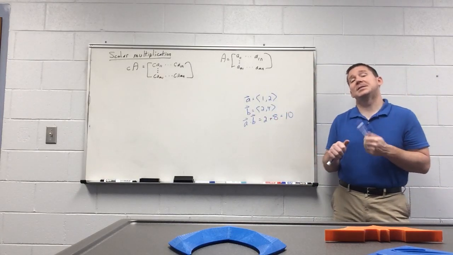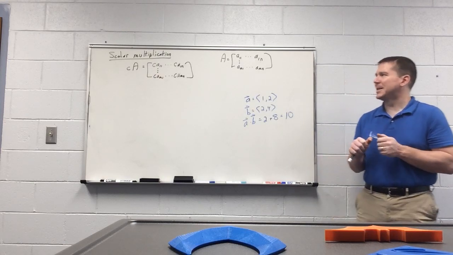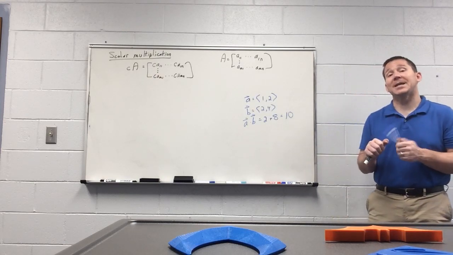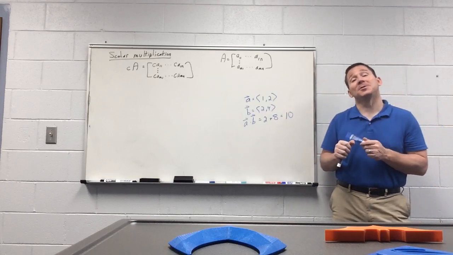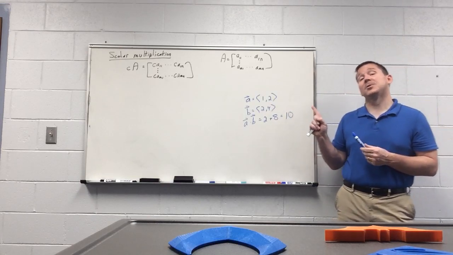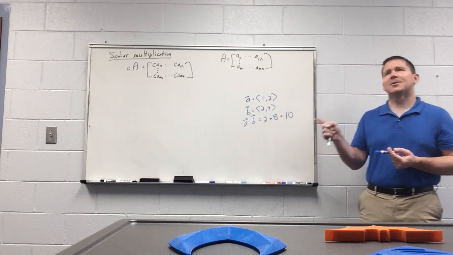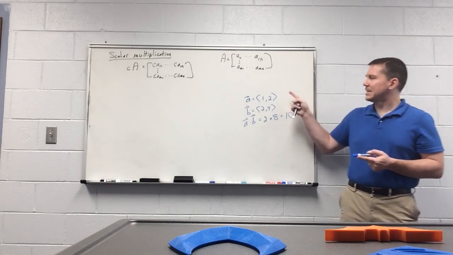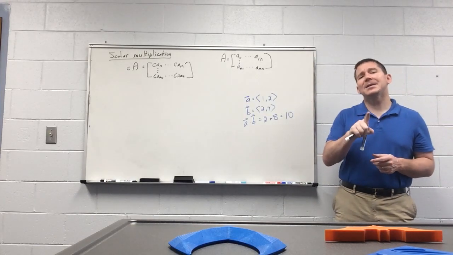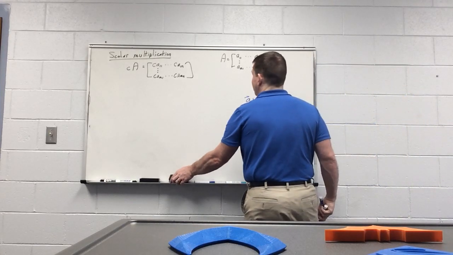And now the question is, is there kind of an equivalent idea of vector multiplication? I'm sorry, not vector multiplication, dot product, matrix multiplication. We have scalar multiplication, scalar times matrix. Can I kind of generalize this? Vector times vector? Can I do matrix times matrix?